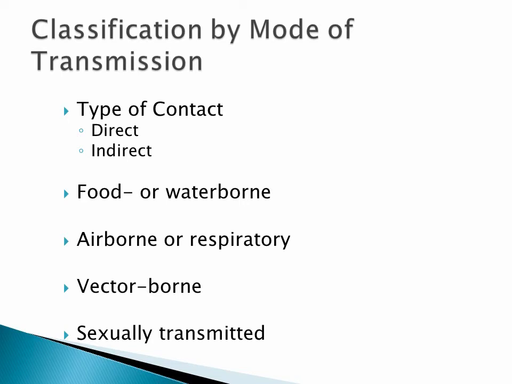Transmission by direct contact also includes inhaling the infectious agent in droplets emitted by sneezing or coughing, and contracting the infectious agent through intimate sexual contact. Some diseases that are transmitted primarily by direct contact with the reservoir include ringworm, AIDS, trichinosis, and influenza.